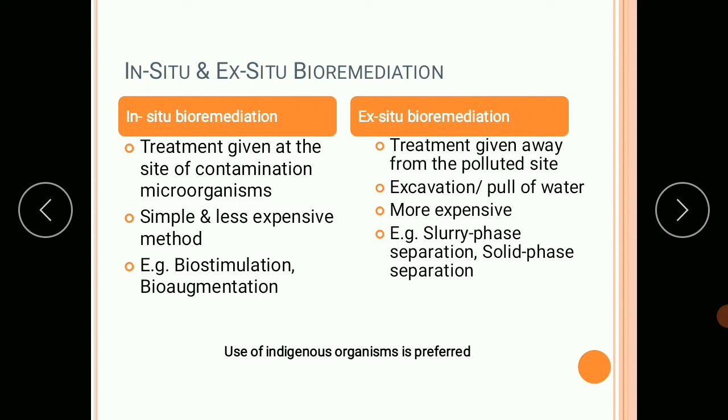These are taken to the treatment site, so transportation is required. Comparatively it is more expensive than in situ bioremediation, and the mechanisms by which we carry out ex situ bioremediation are slurry phase processes, in which bioreactors are used, and solid phase processes, in which techniques like land farming and composting are done.